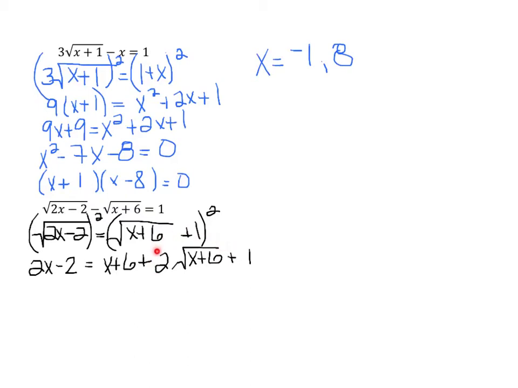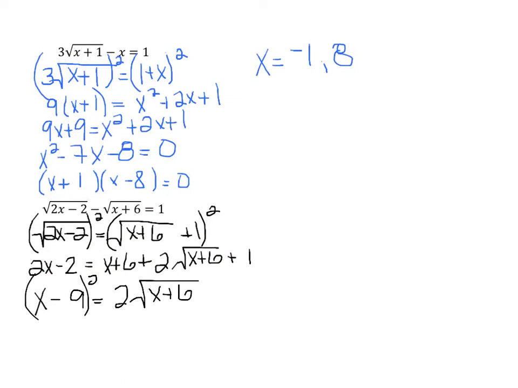So when I do that, I can bring over the x term, which gives me simply x, and then I've got -2 minus 6 minus 1. So that becomes minus 9. And on the right, I'm left with 2 times the square root of x plus 6.